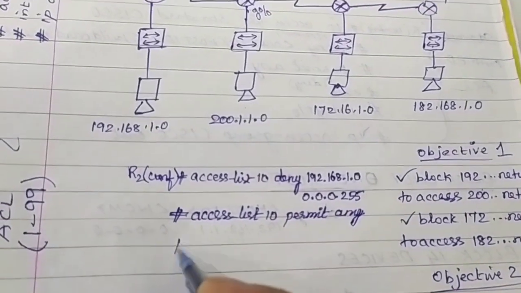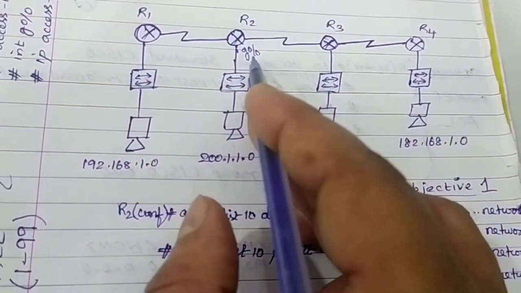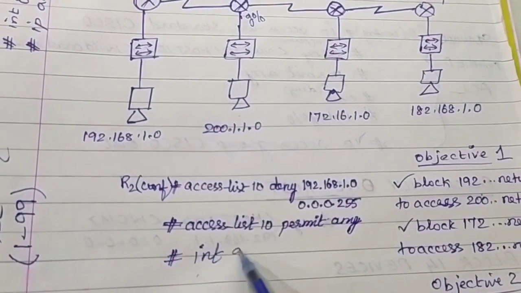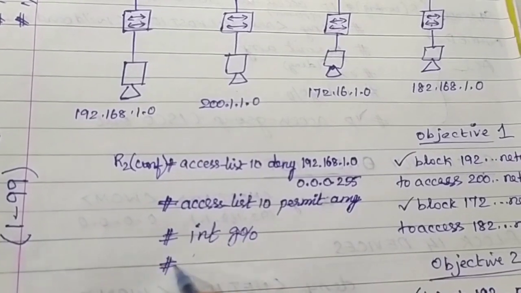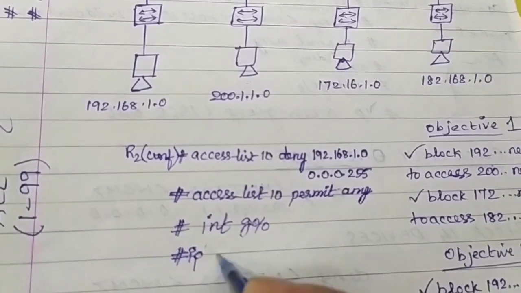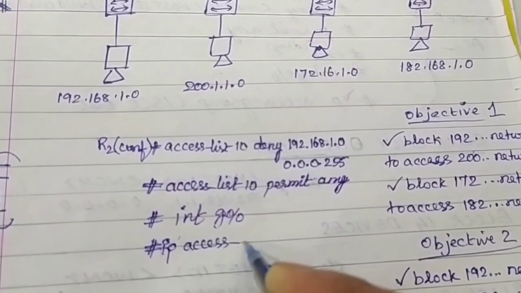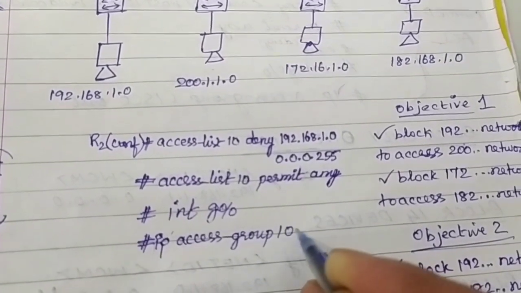Then next, as I told you, you have to apply it on this interface in the out direction. So go to that interface G0/0. Then give ip access-group 10 out.